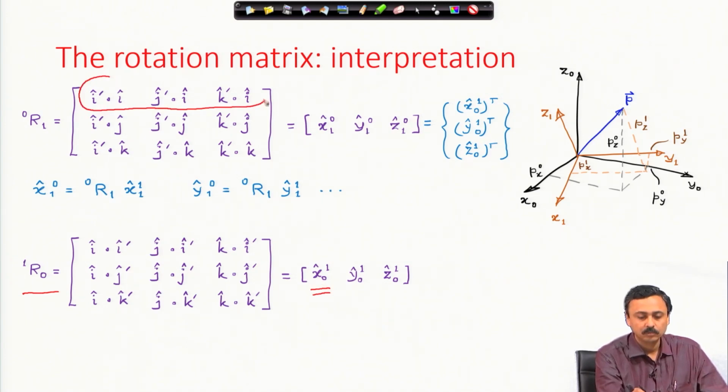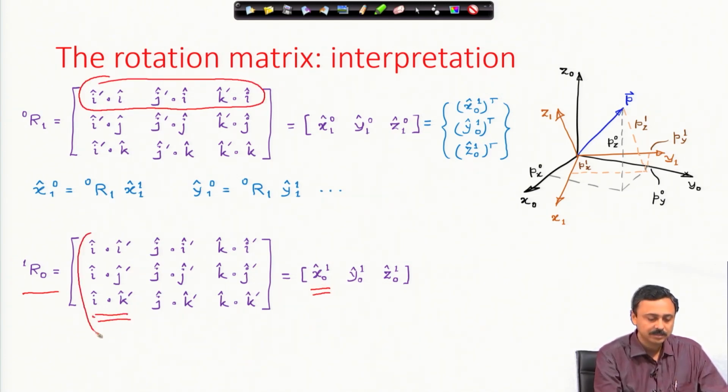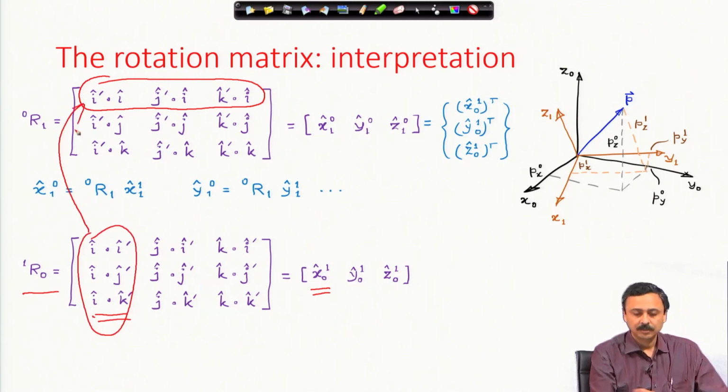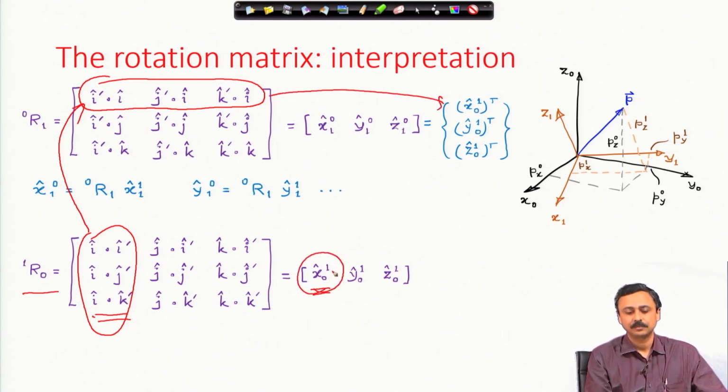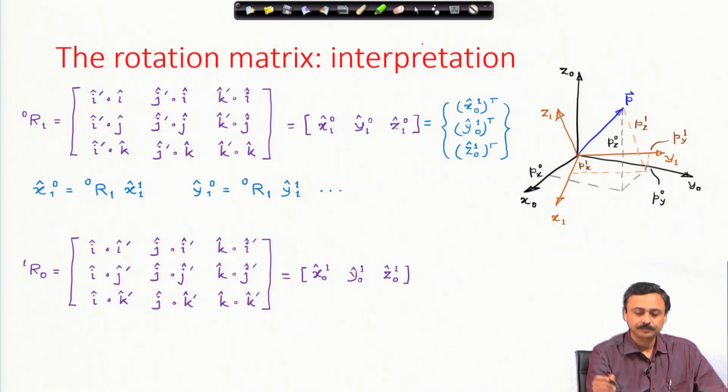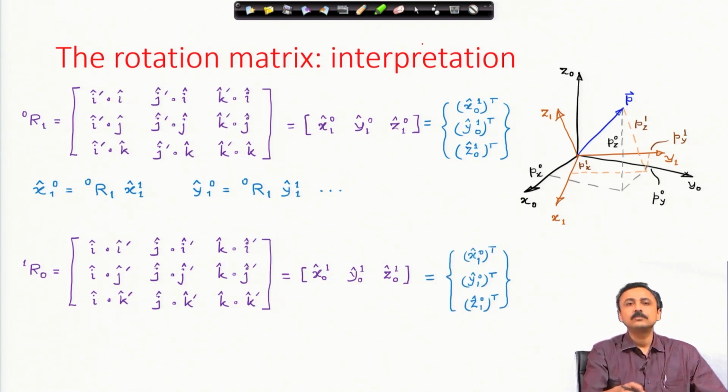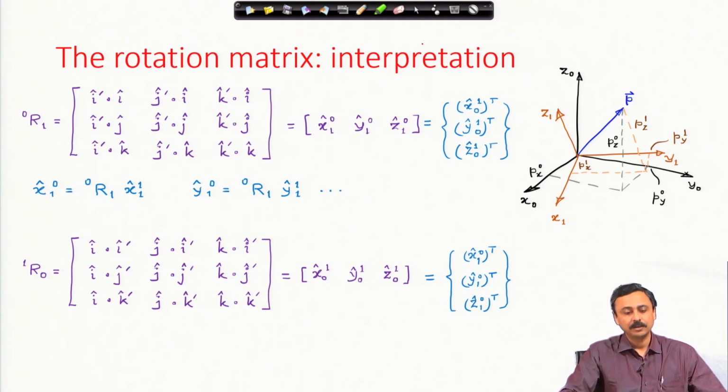The column here becomes a row here, this column is this row. Therefore, this whole row is nothing but the transpose of this column, and so on, and vice versa. Columns of R 0 to 1 are rows of R 1 to 0.